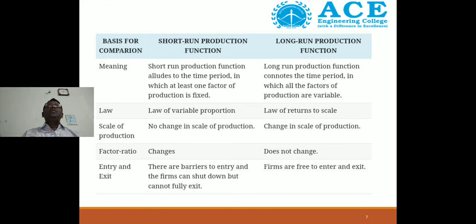So up to now we completed the short run and long run production function. In the short run production we took the example of variable proportion with suitable diagrams and stages, and the conclusion about the law of returns to scale. Returns to scale: definition, types of returns to scale, each stage we discussed, then graphical representation, then the difference between short run and long run.